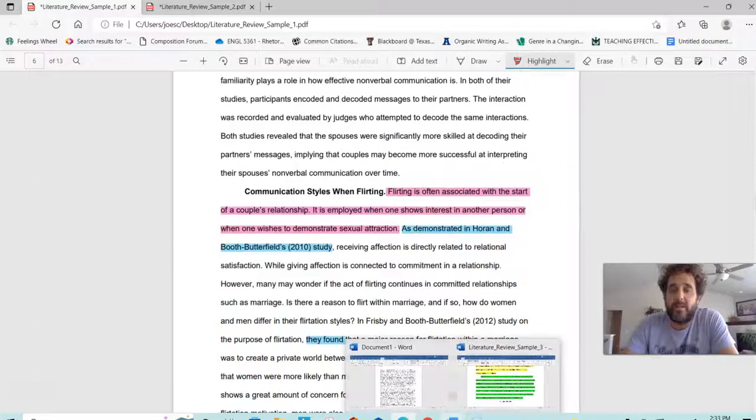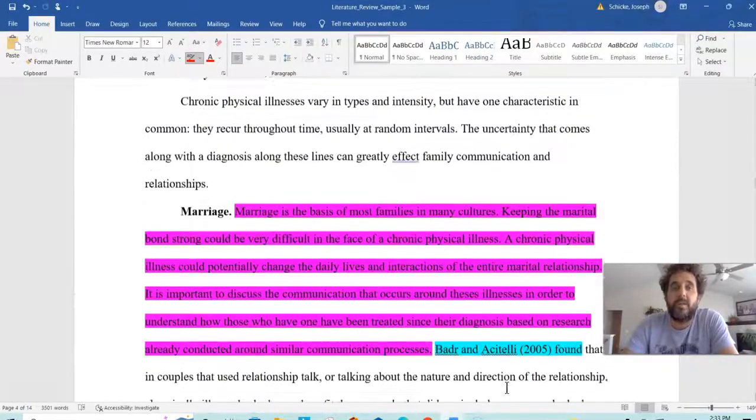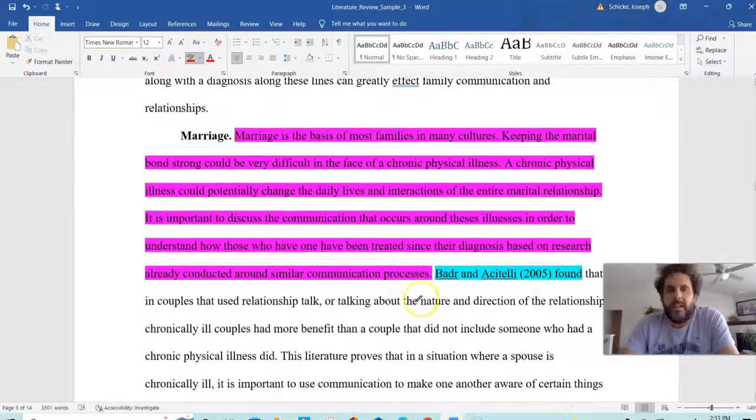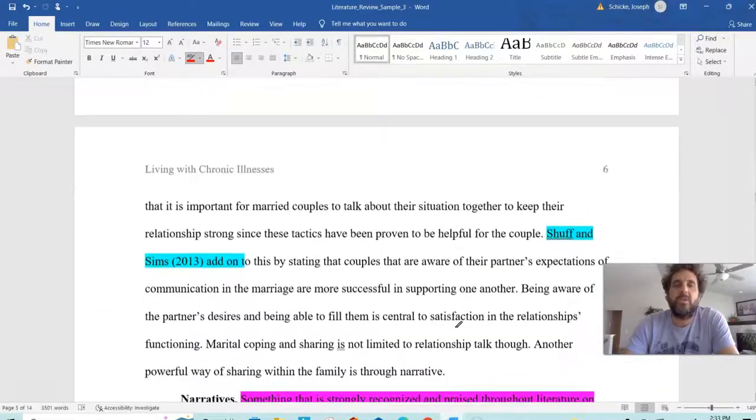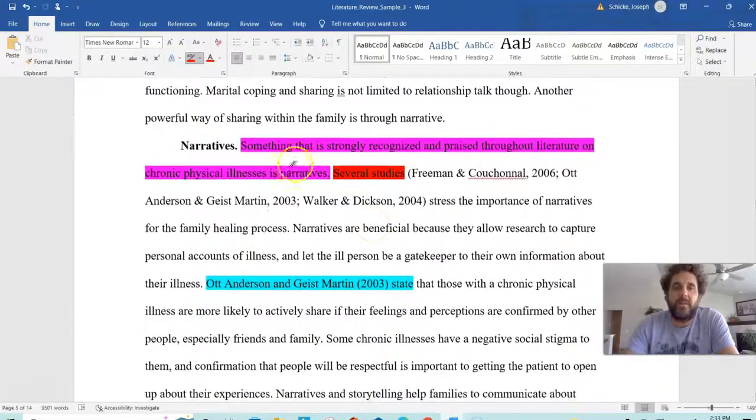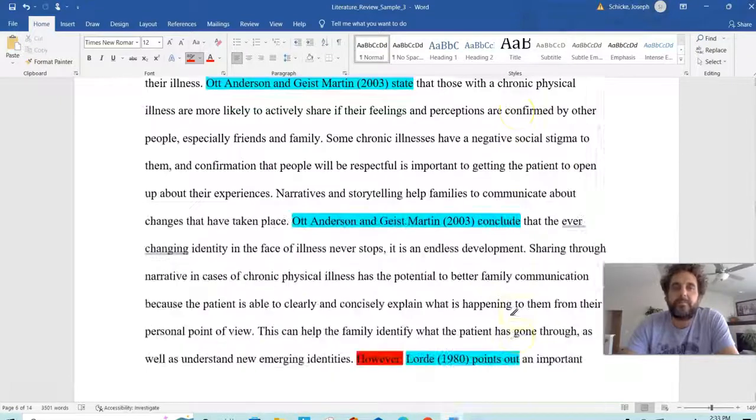I can compare that to the one in the Word document here. I had to put those in some kind of purple color because there wasn't pink in Word, but again, introducing the concept of marriage. This one introduces the concept of narratives.